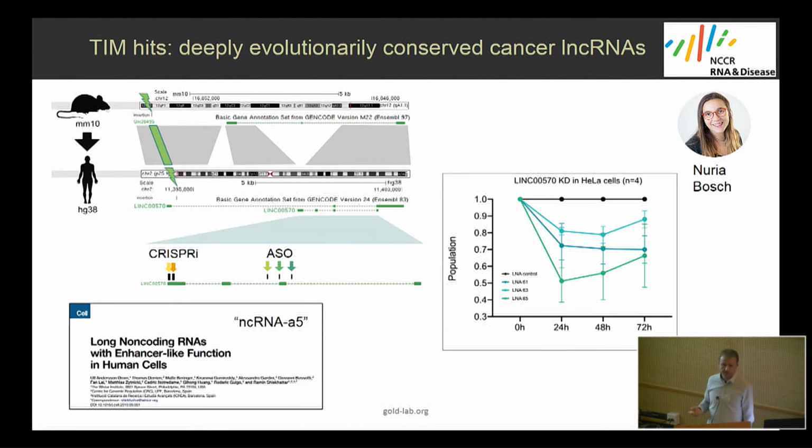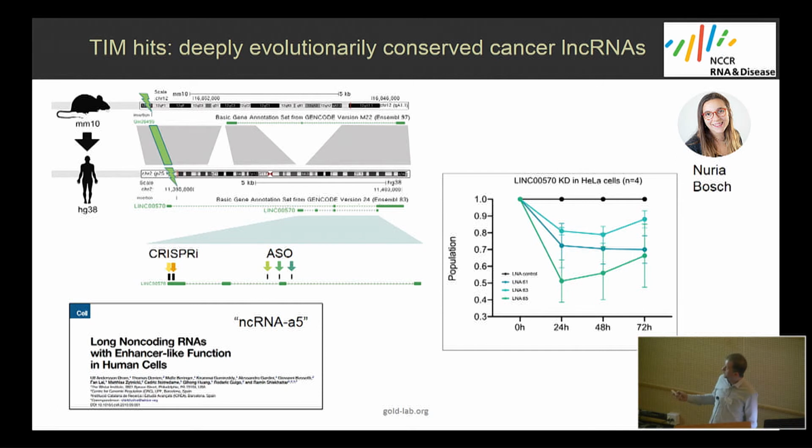Of course, these are all just predictions. We have to see if they have any predictive value. So coming back to this example, which I just showed you, this lncRNA 570 was previously described by Ramin Shiekhattar's lab as ncRNA activator 5, but it was not previously associated with growth phenotypes or with cancer. Now Noria designed 3 different antisense oligonucleotides and also 2 CRISPRi constructs, which I'm not showing you, but give the same effect.